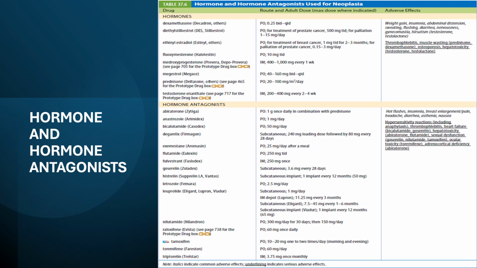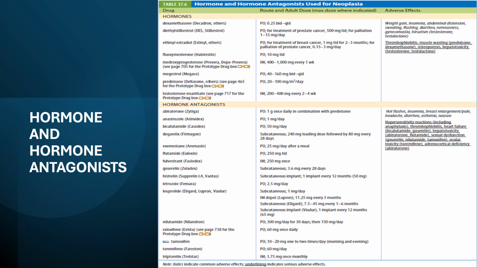Now, estrogen antagonists, anti-estrogens. Secreted by the ovary and the adrenal gland, estrogen is a hormone that has profound metabolic action on many organs. Estrogen produces its actions throughout the body by activating estrogen receptors.